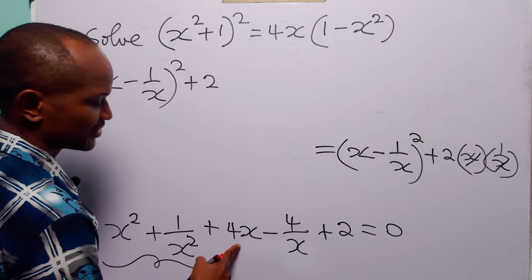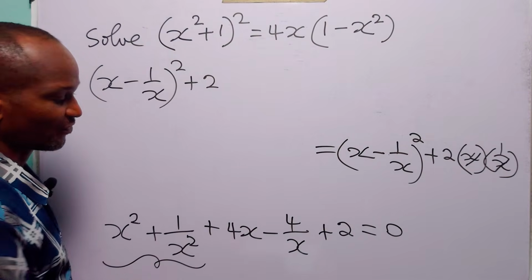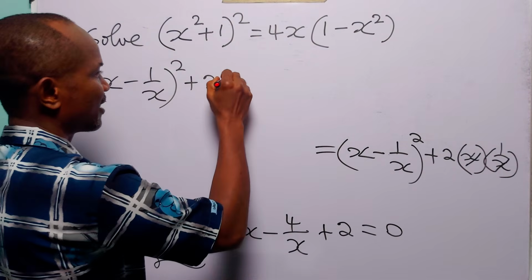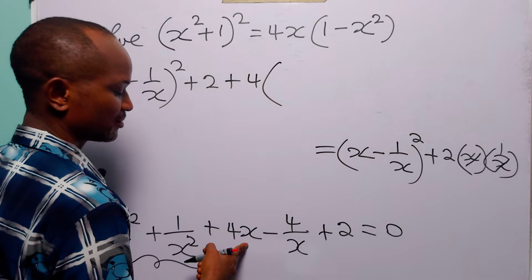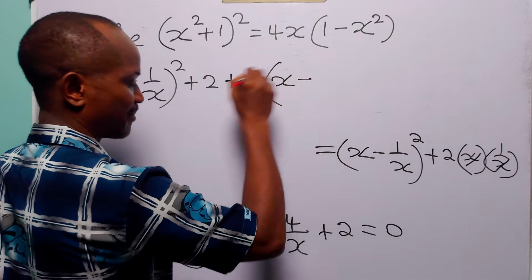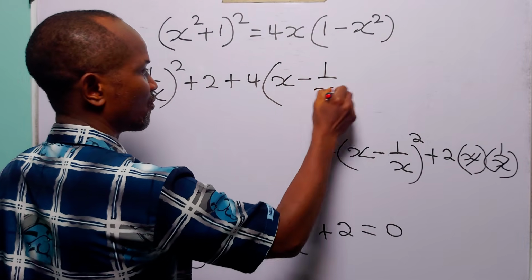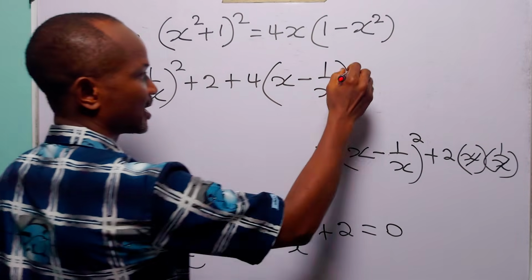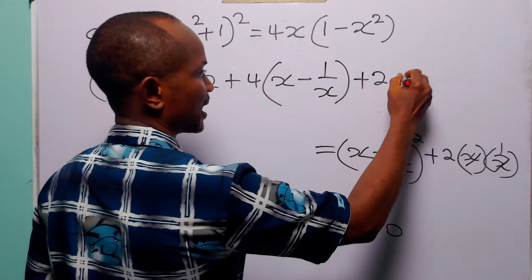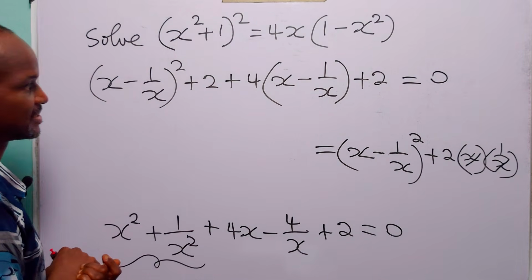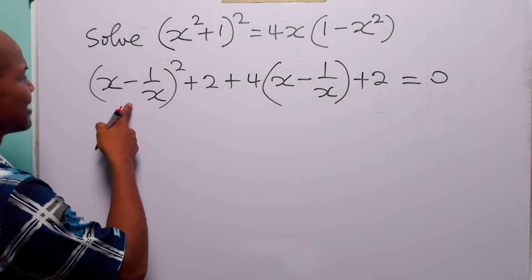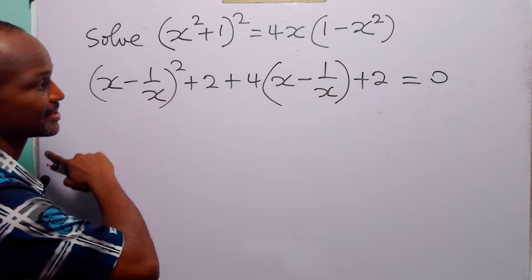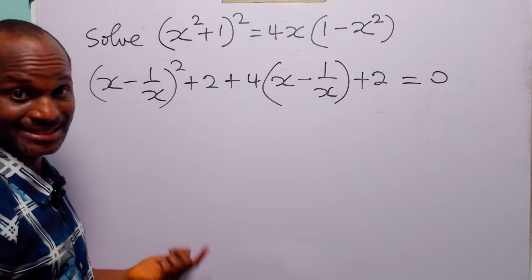Now, when you look at these two terms, you're going to see a common factor, which is 4. So we have 4 into x minus 1 over x. Then we have plus 2, and this is equal to 0. Now notice that here we have x minus 1 over x, and here we have the exact same thing.